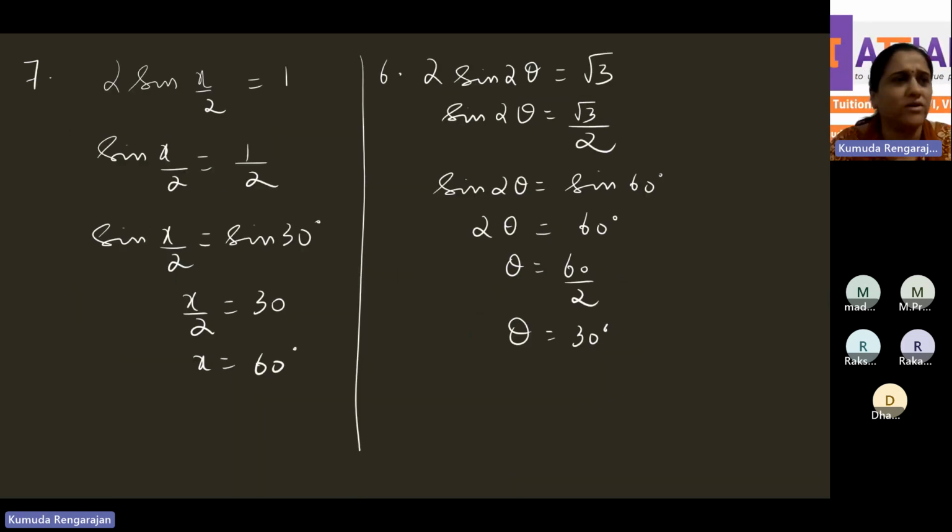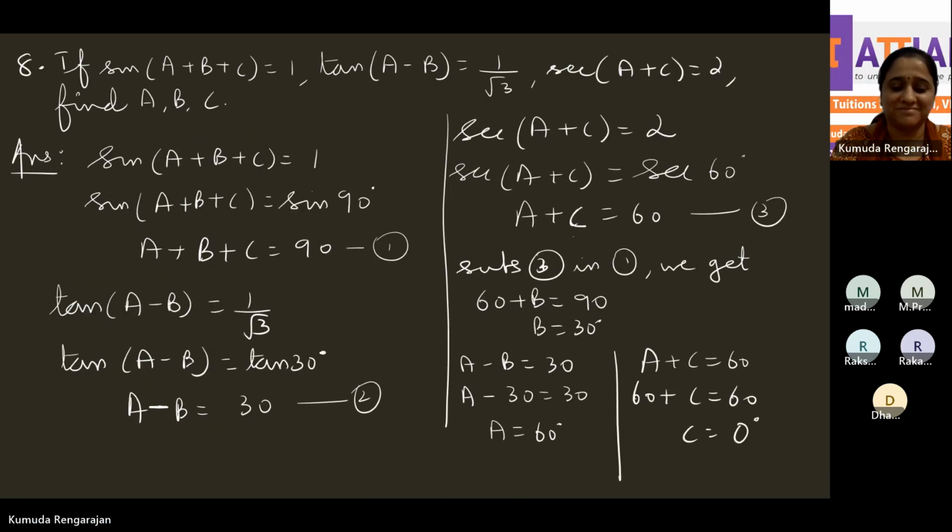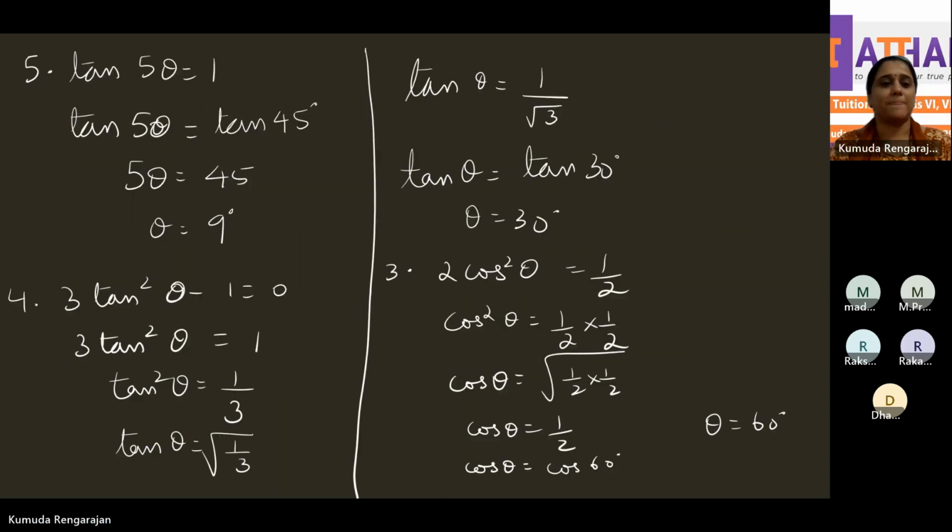I think I worked the first one, right? Okay, so for the first one, tan 3x is equal to 1 you get. So tan 3x is equal to tan 45 degrees. On comparing both the sides, 3x is equal to 45, x is equal to 45 by 3, x is equal to 15. All right.